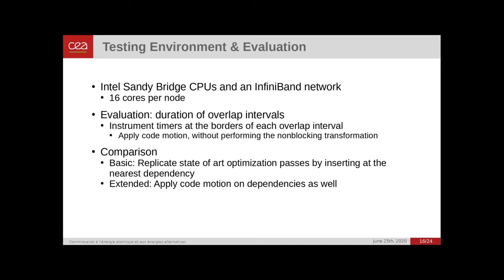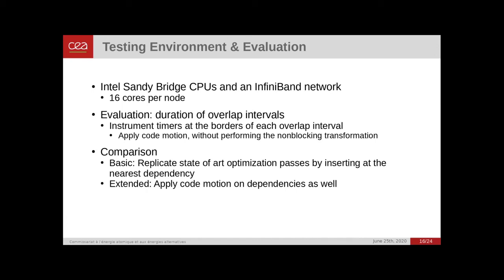So when we transform the blocking code into the non-blocking form, we instrument timers at the border of each overlapping interval. We have to note, however, that we had to make our measurements on partially transformed code. It means that we applied the code motion, but we did not perform the non-blocking transformation.